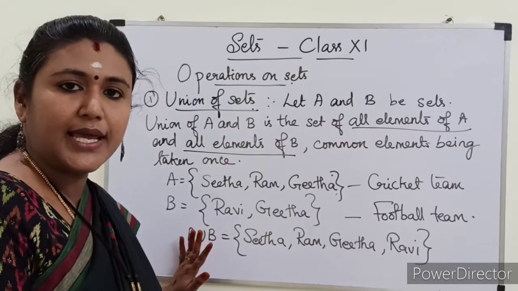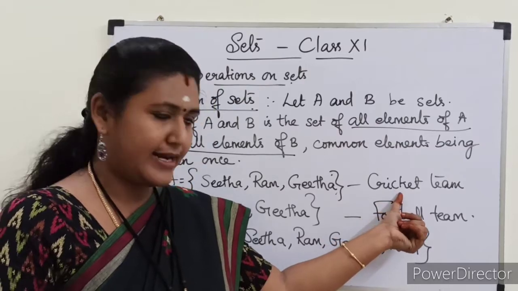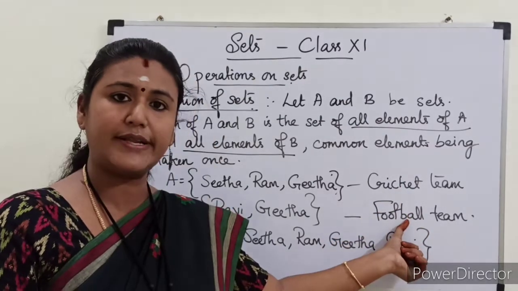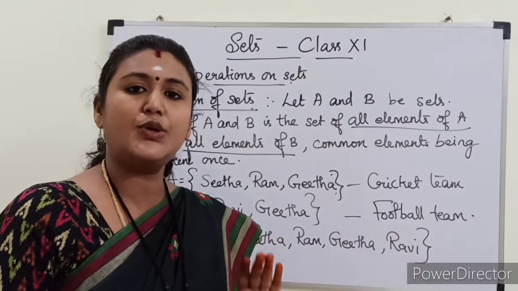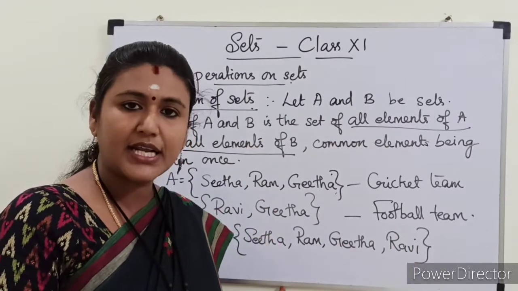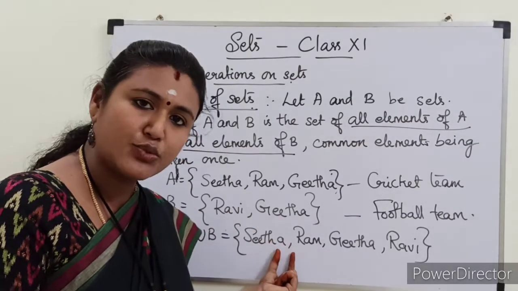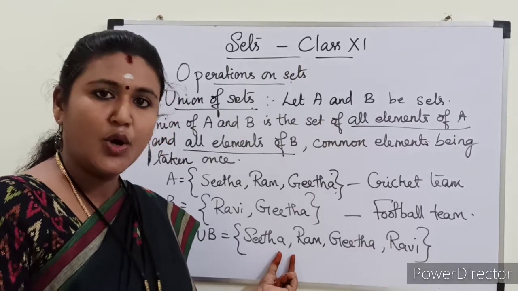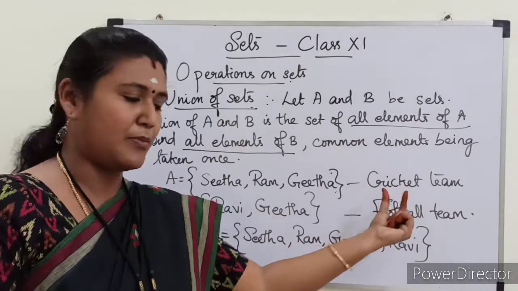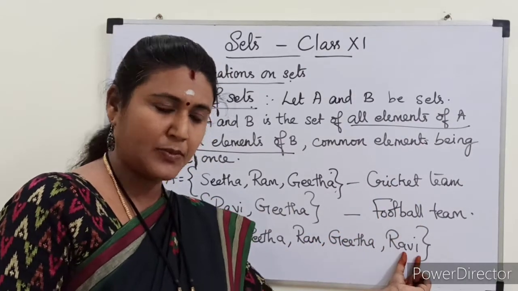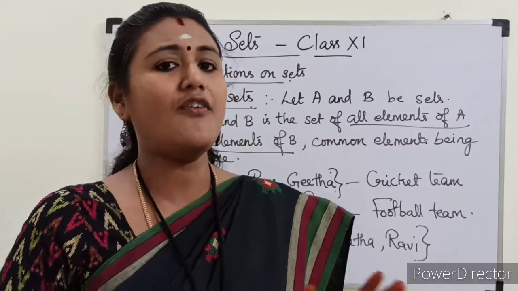A union B is the set of all students who are in the cricket team or football team or both. So we are getting this in the union of sets. So this is the interpretation of union.